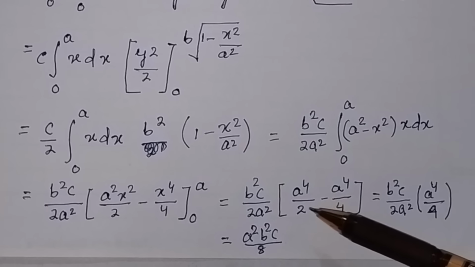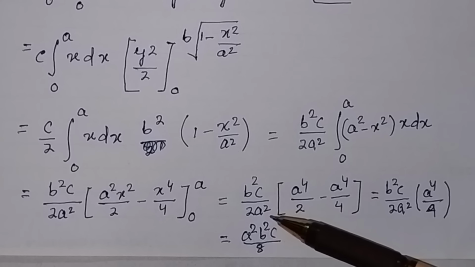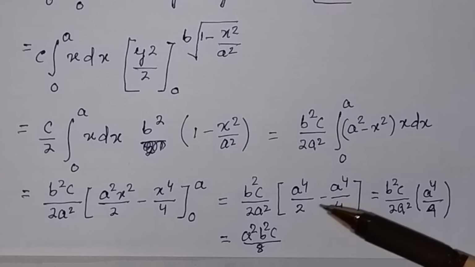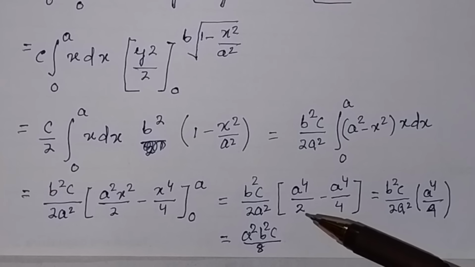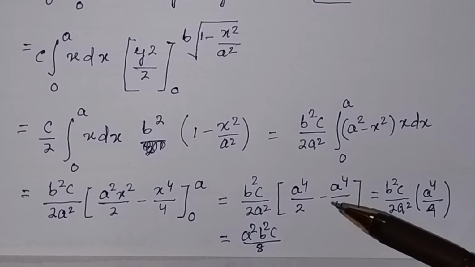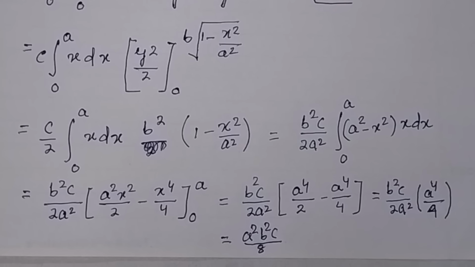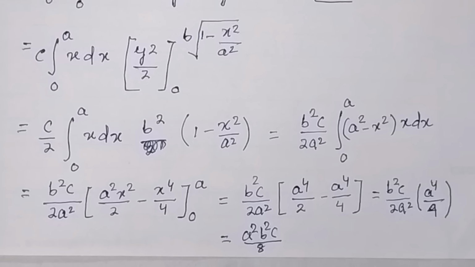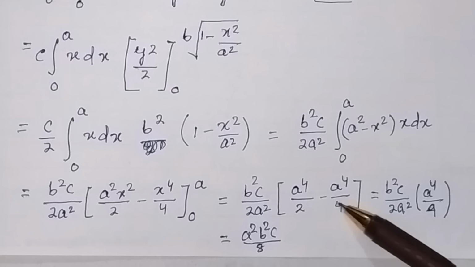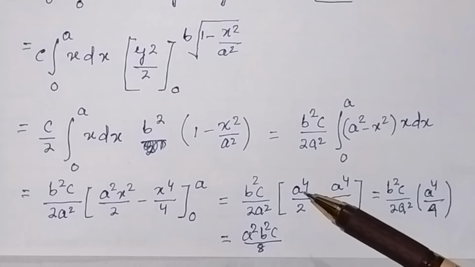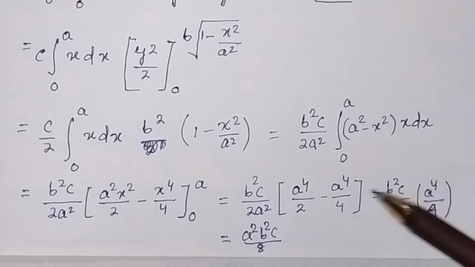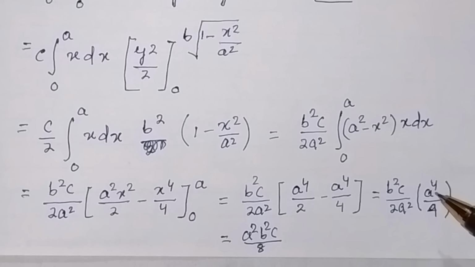Now solve it. B square c divided by 2a square times a4 by 2 minus a4 by 4, where the LCM is 4, so this is 2a4 minus a4, so it is equal to a4 divided by 4.